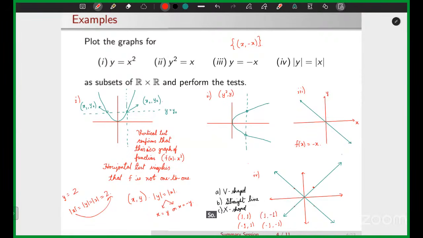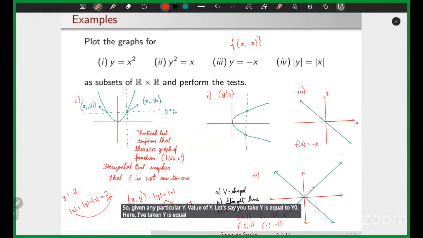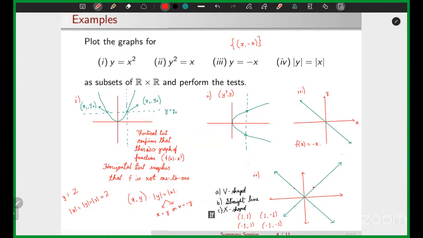Given any particular value of y, let's say you take y is equal to y naught. Here I've taken y is equal to 2, but that is just an arbitrary point. You could have taken any y value. If you fix the value of y, then the values of x corresponding to that are plus y and minus y, right?